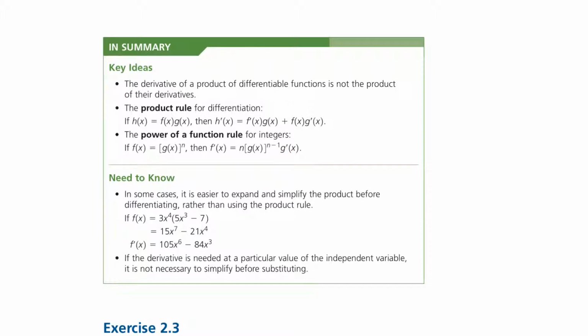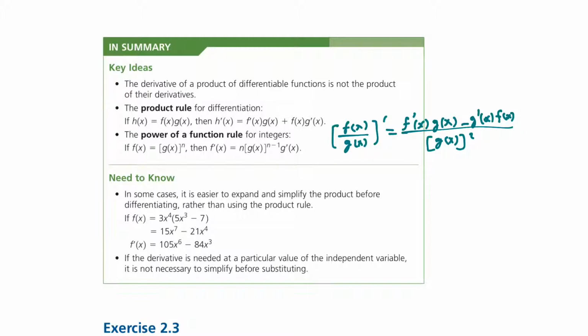And quotient rule, the derivative of f of x over g of x is f prime of x g of x minus g prime of x f of x divided by g of x to the power of 2.